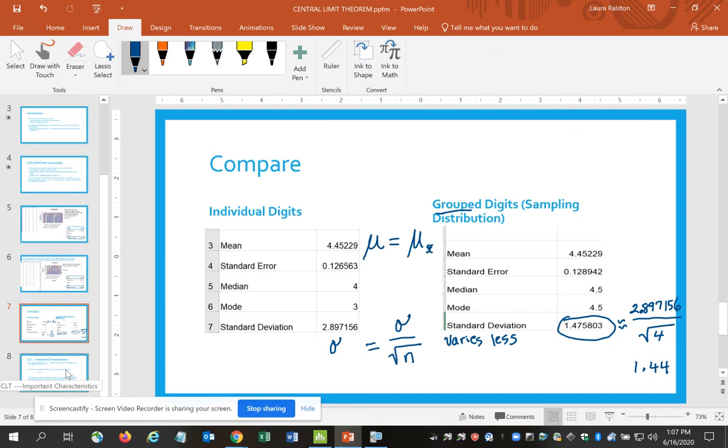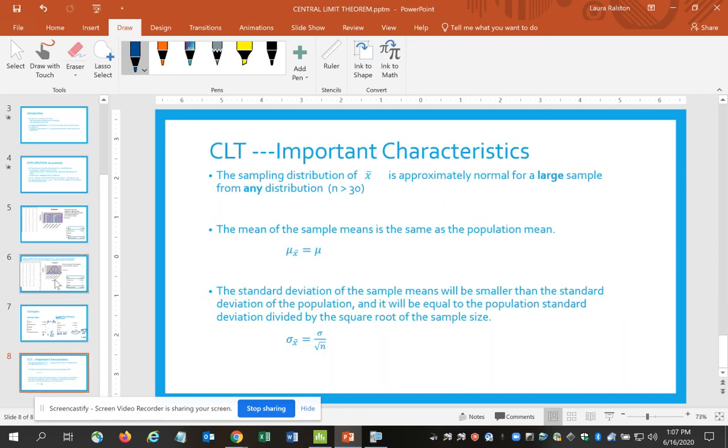But here are the three things that really come out of the central limit theorem. One is the sampling distribution of X bar is approximately normal. Regardless of what type of distribution you start with, if you have a large sample, which is 30 or more, and you apply the central limit theorem, it becomes approximately normal.